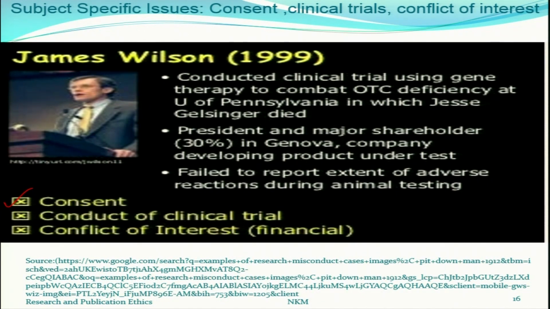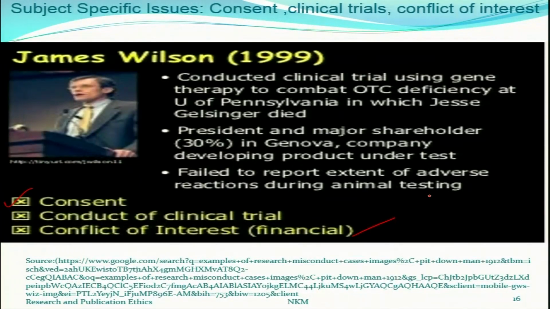He was not given even the report of the 2 other patients who had severe consequences from this trial medicine, and he was not even told that they tested on monkeys who died during the experiments. So this was of course a case of denial of proper informed consent, and the clinical trial was not properly conducted. There was of course financial conflict of interest, because that research financially involved the university and James Wilson also.